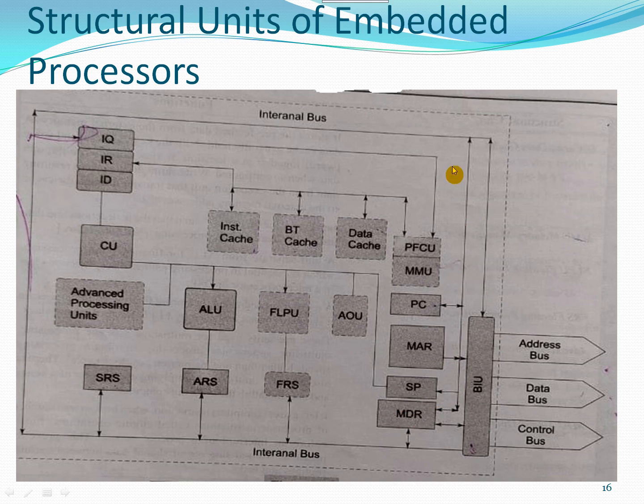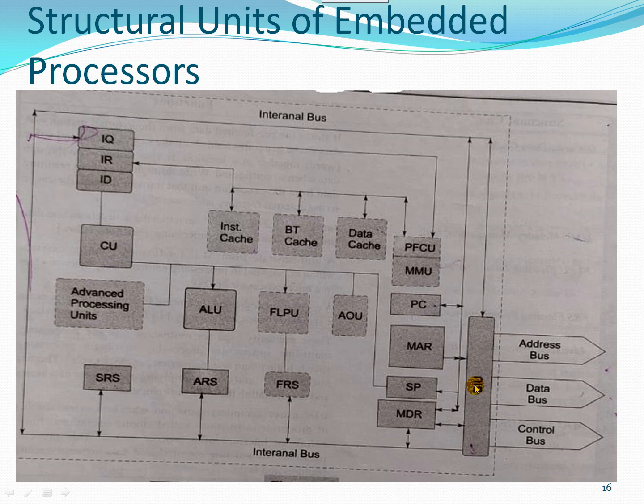This data will flow through this line and be given to the instruction queue and the instruction register also. First, it will be fed into the instruction queue and loaded in the instruction register, and that instruction will be decoded, and the control signals will be given to the control unit. So this is the first line which we need to keep in mind.